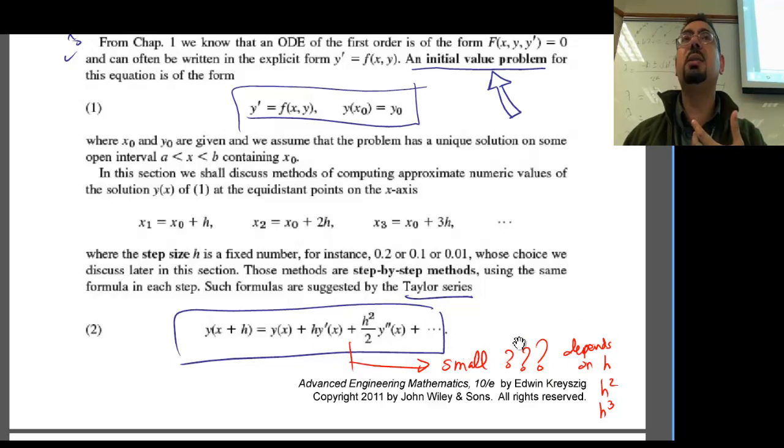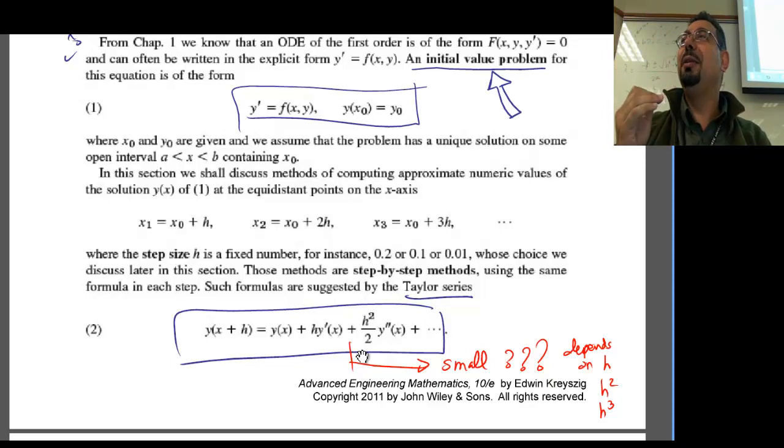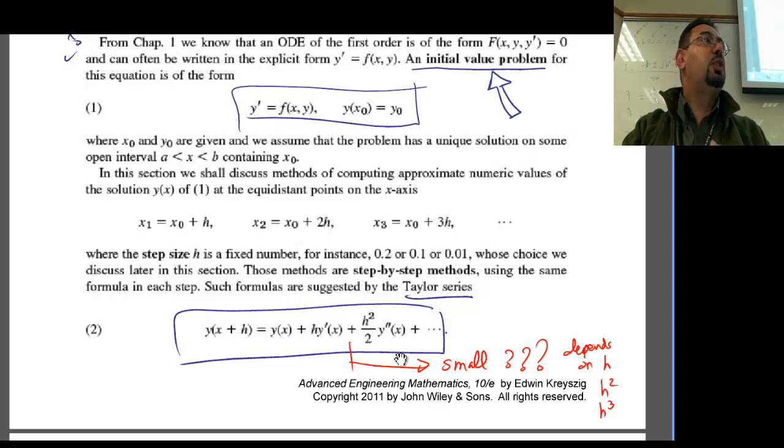If we neglect all this, our formula now has an error. That error is called, no, we truncated the series. It's called, excellent, truncation error.